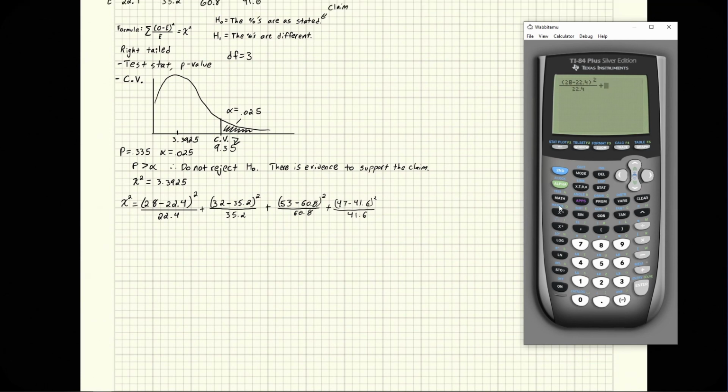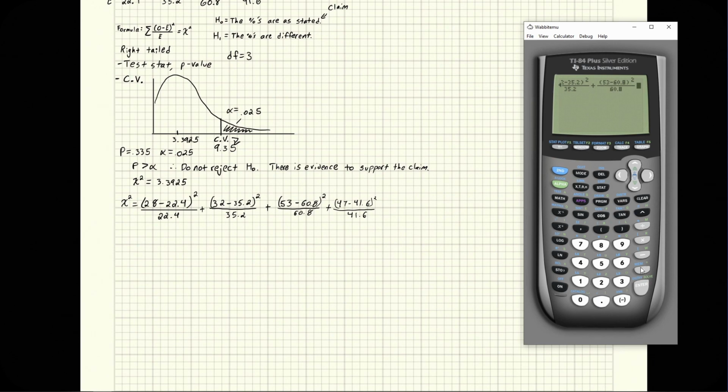Okay, we're going to do plus. We want another fraction, so green key F1. We do a fraction, 32 minus 35.2. Then we're going to square this, and then divide by 35.2. And then we're going to add, that's the sigma thing. And then we're going to do alpha F1, parenthesis, 53 minus 60.8, close, square, 60.8.